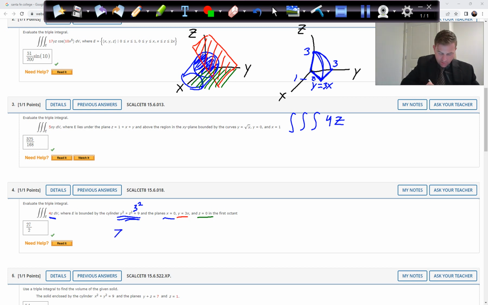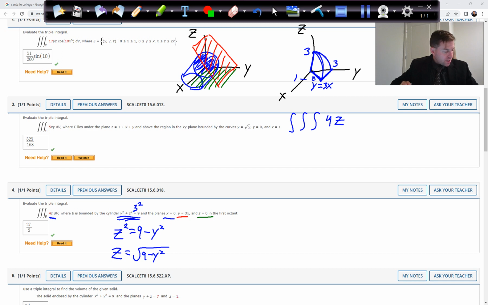So if we solve this for z, z squared is 9 minus y squared, so z is the square root of 9 minus y squared. We don't need plus or minus there because we've cut off the left hemisphere, which would be negative, and the bottom set of octants, which would also be negative. So we're in the first octant here, so everything's positive.